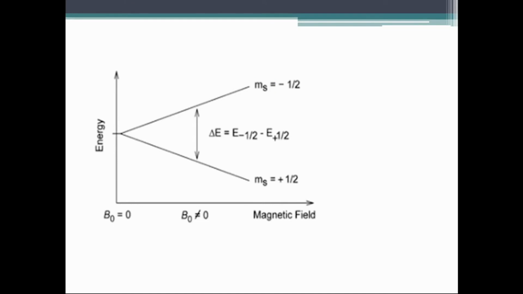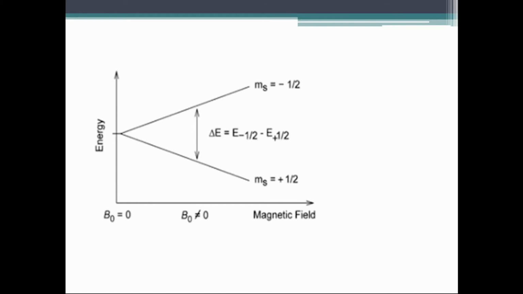But what happens in the higher energy level? The proton has to spin in the opposite direction; the proton has to flip, an inverse spin has to be obeyed.